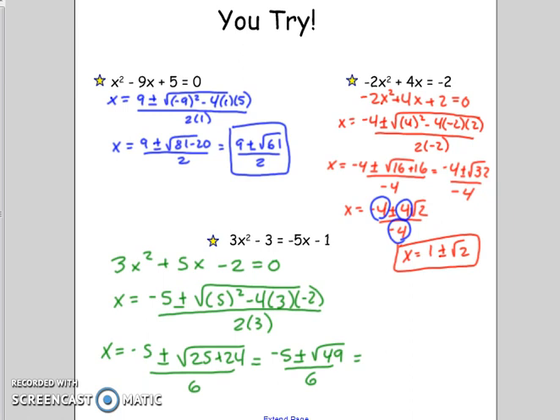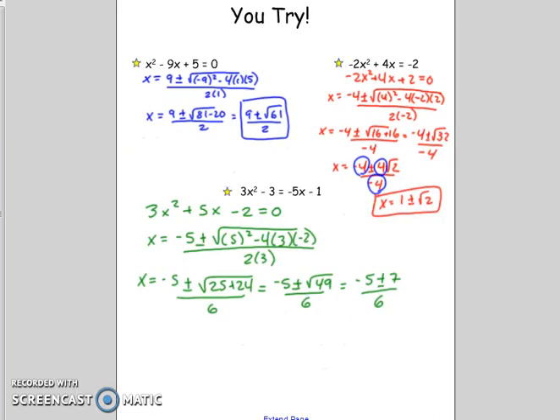And the square root of 49 is a perfect square. So we have negative 5 plus or minus 7 over 6. Since we have a number that doesn't have any radical now, we could have solved this by factoring. So if you get rid of all your radicals, you're going to solve this twice.